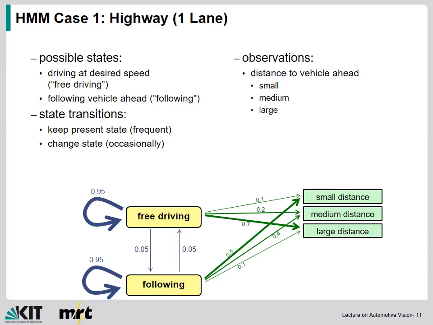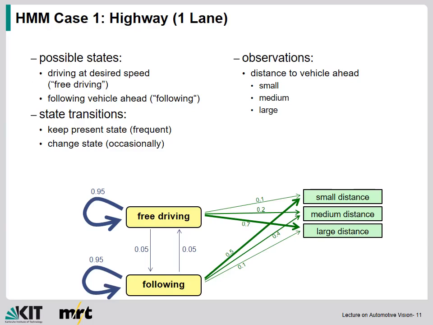So we have three different outcomes that the measurement of distance to the vehicle ahead might have. And for each of these possible outcomes, we assign a probability. So for each pair of state and possible observation, we provide a probability.